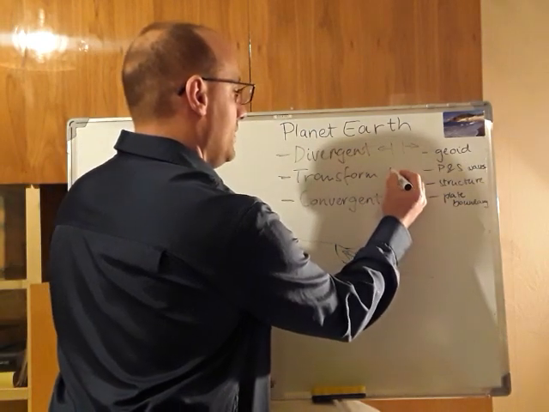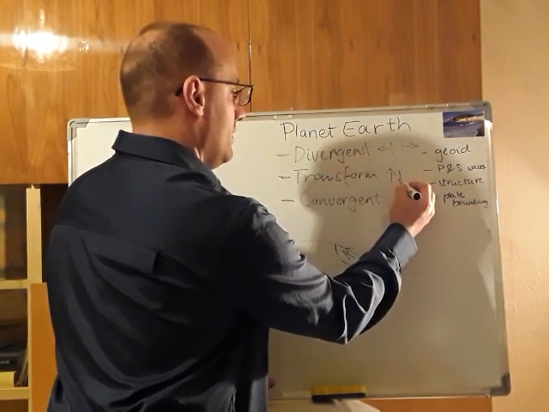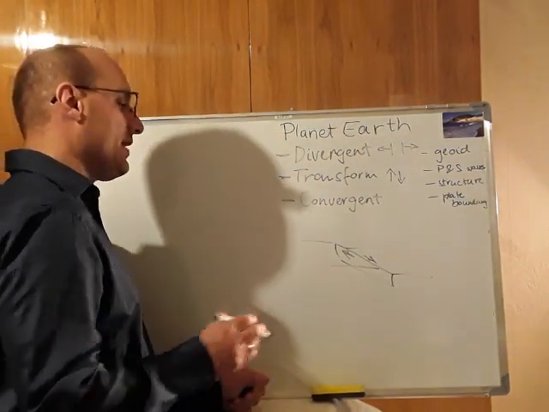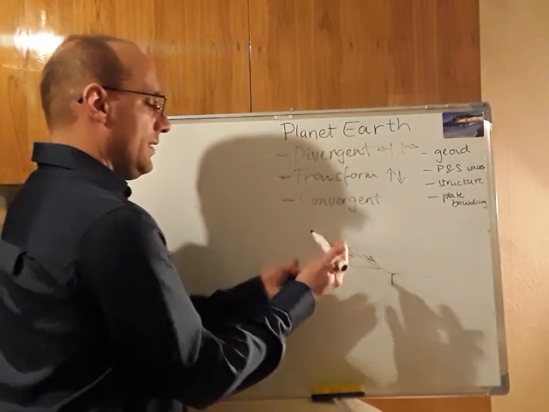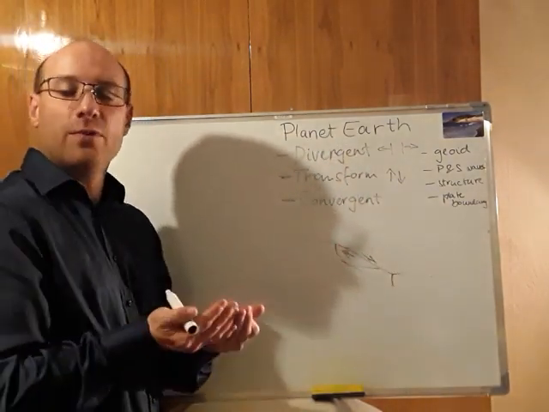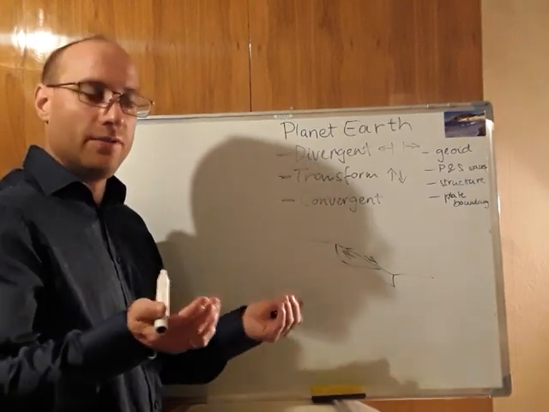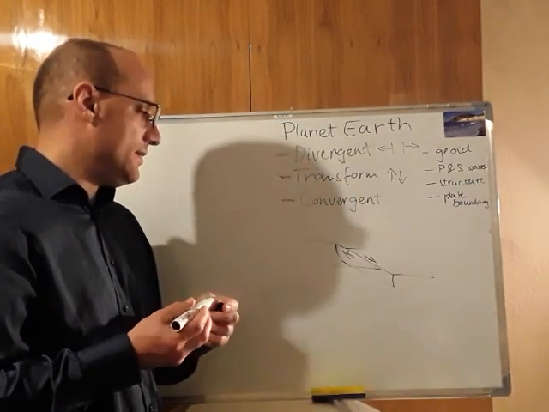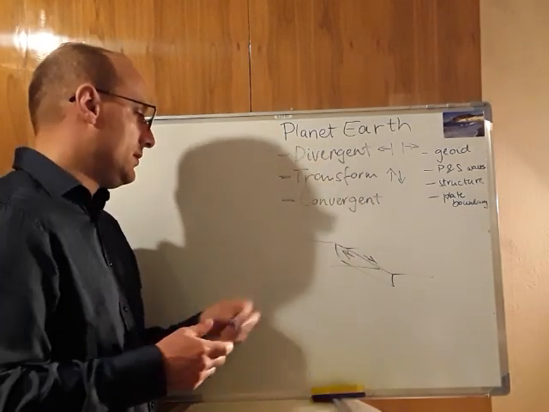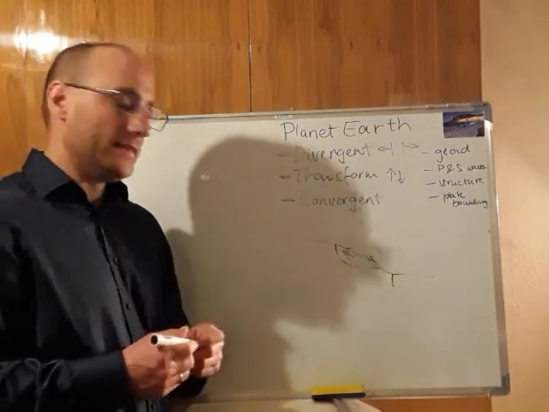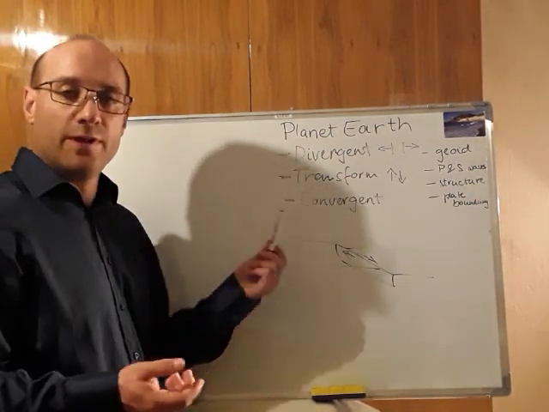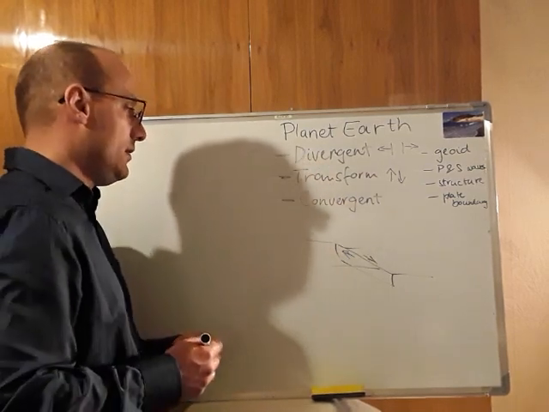That's why I just put arrows in the opposite direction but next to each other. So this is how we can imagine the transform plate boundary. And we have one good example here around the planet, which is the San Andreas Fault in California in the United States. This is what we can bring as the example that we learned from this class.